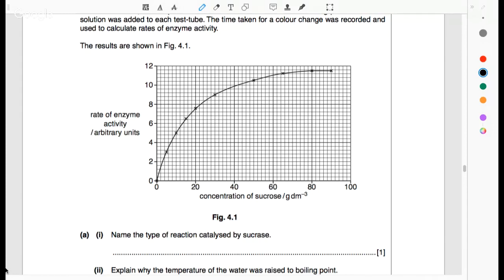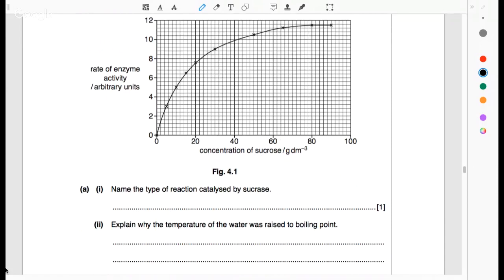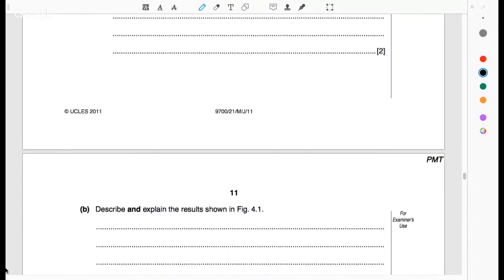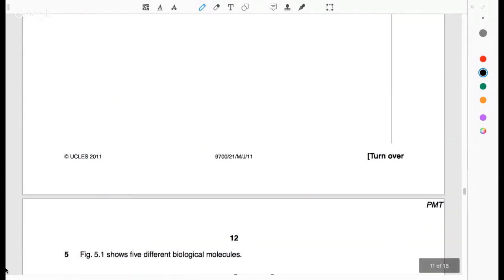Perfect. You've got every mark there. Pretty much just as they describe it here. So keywords there, limit is talking about the substrate being the limiting factor at the start, and then the enzyme being the limiting factor. Quote your numbers as you did at the start, describe the plateau, etc. You got it all. All right, shall we take a break there and then finish off this paper in 5 minutes?